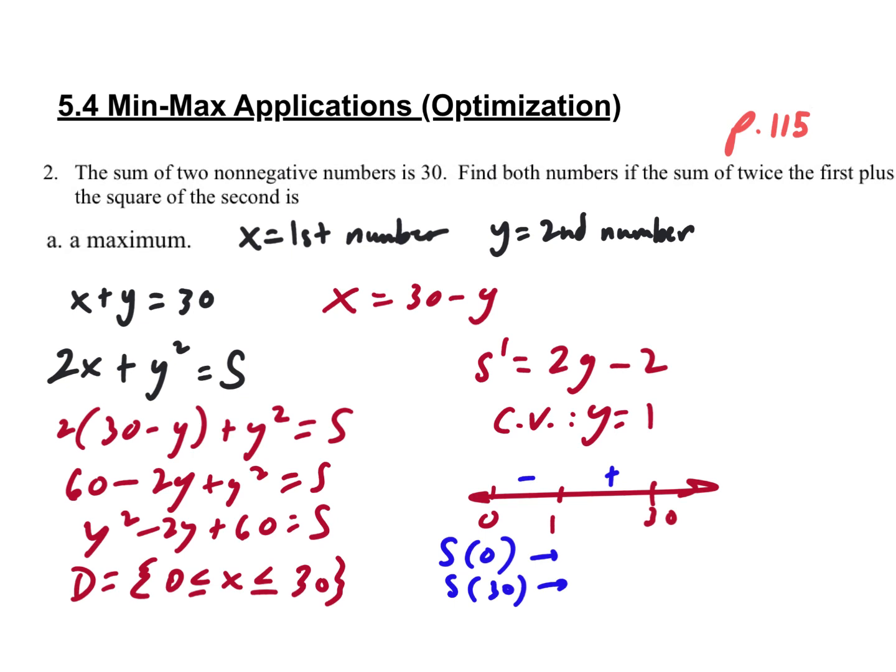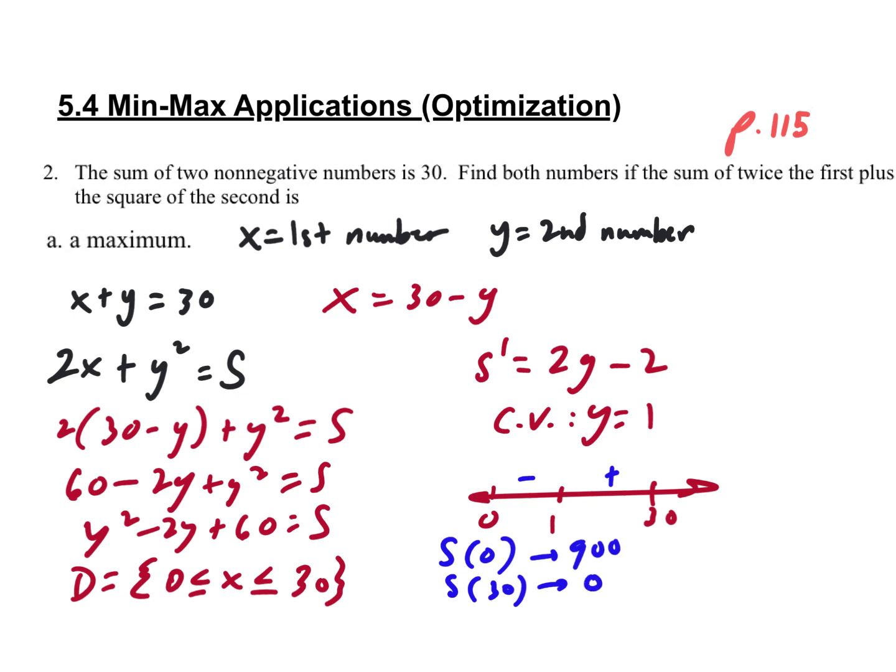So here's the thing. If it's 0, what's the other number? 30. So if I put 0 for x, 30 squared is 900. That's probably going to be the winner, because if x is 30, then y squared is 0, and then that's 0.